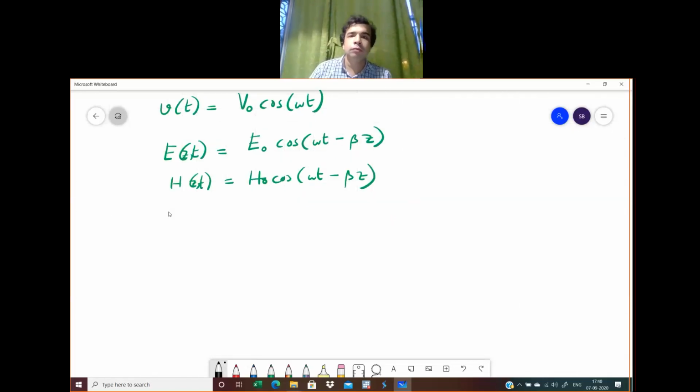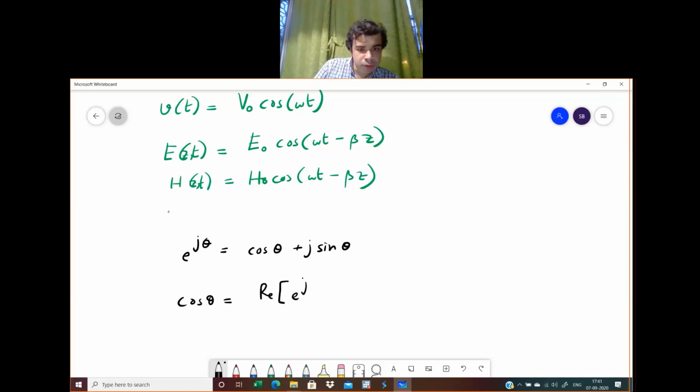Now, using a very famous law of complex algebra, we can write that e to the power of j theta is equal to cos theta plus j sin theta. This is De Moivre's theorem, right? So cos theta is simply the real part of e to the power of j theta.